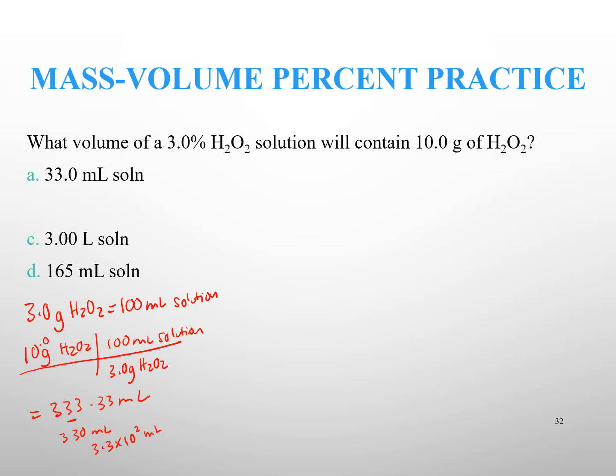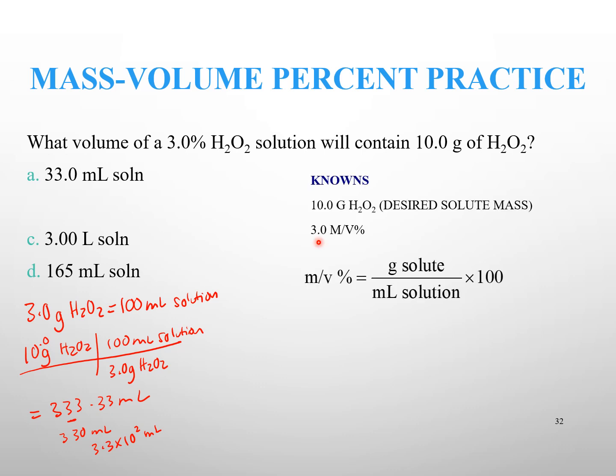Now, obviously, that's one way to do it. The other way, remember, we just rearranged the formula of the solution. So we know that our 10 grams is what we want, and we also know it's 3 grams per volume percent. So mass per volume percent is grams per mils times 100. And then you want to go ahead and rearrange it.